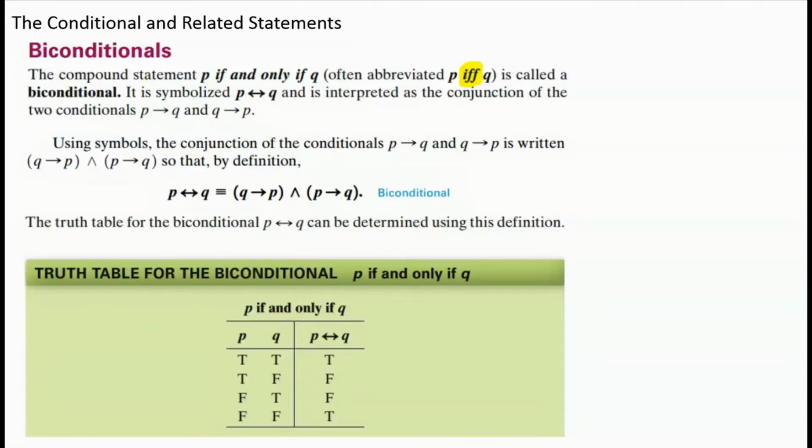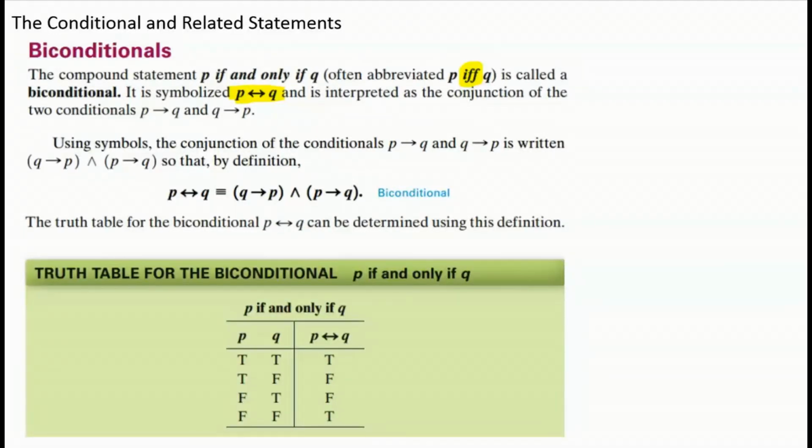That's called a biconditional. This is a way to note it with the arrow pointing in both directions, and I think that's fabulous notation because what it means is if P, then Q, and if Q, then P. So you can read it both directions.